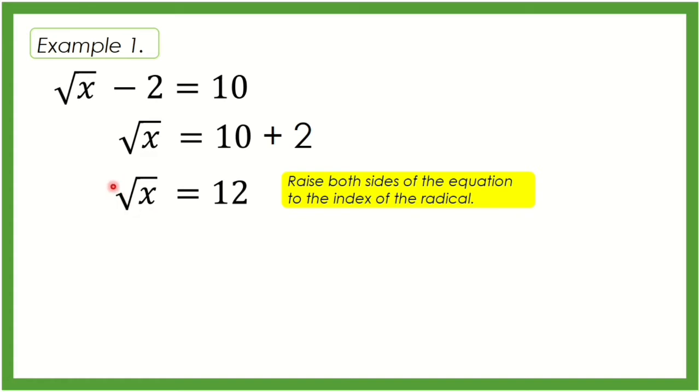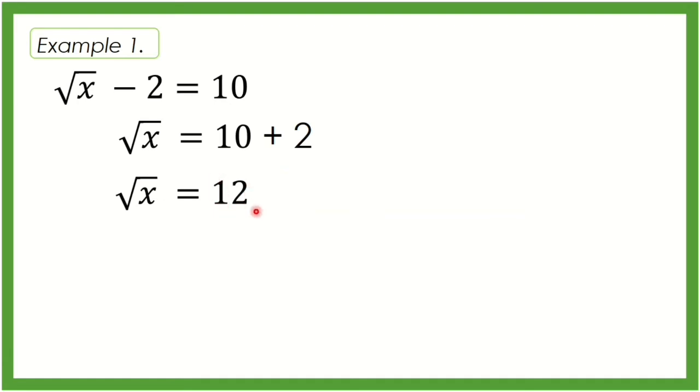And then, next step, i-raise both sides of the equation to the index of the radical. Ang index natin is 2. Kaya ang gagawin natin, i-raise natin both sides by 2. That is now equal to the square of square root of x equals 12 squared.